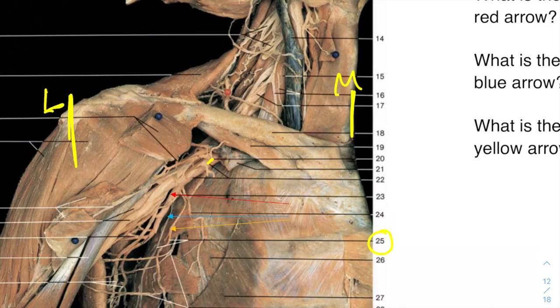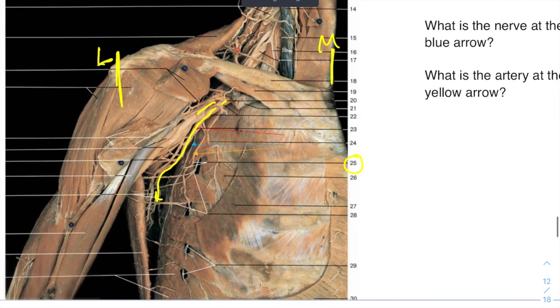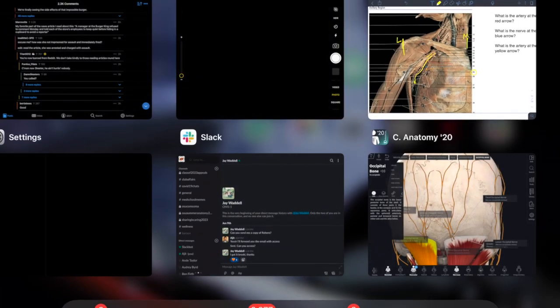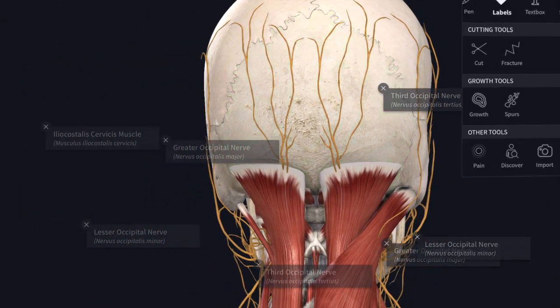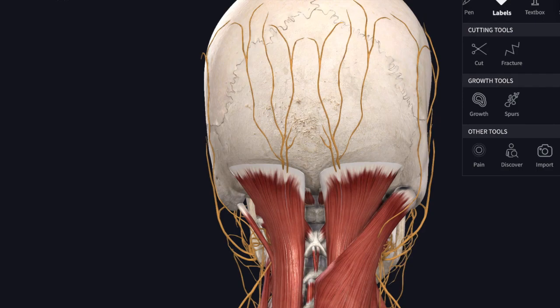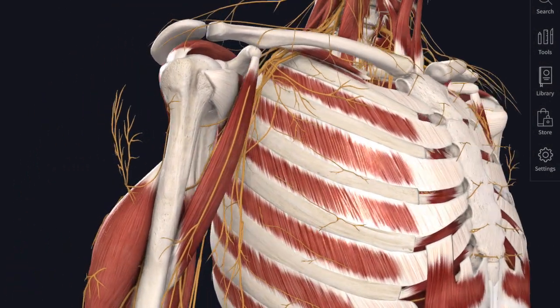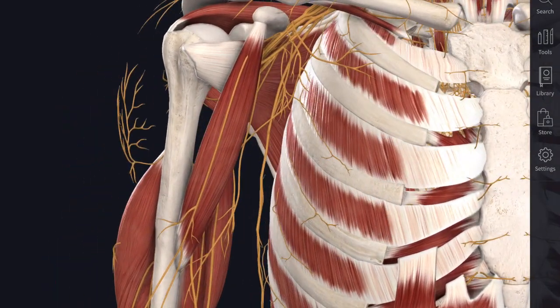This was the red arrow pointing at this artery that's going down. It is branching off this big thick artery, and it's going down, and it's kind of going back. So this is tricky. This is an annoying thing to pay attention to, but it's definitely fair game, and it can be easily confused.